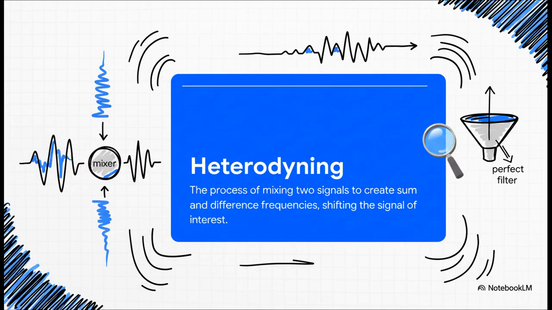The name for this frequency shifting technique is heterodyning, and it is a fundamental concept in pretty much all of radio technology. Basically, it works by mixing your incoming signal with a second signal that's generated right inside the analyzer. This mixing process lets you effectively slide the entire frequency spectrum up or down. By carefully controlling that second signal, you can move any part of the spectrum you want to see right into the crosshairs of your one perfect fixed filter.